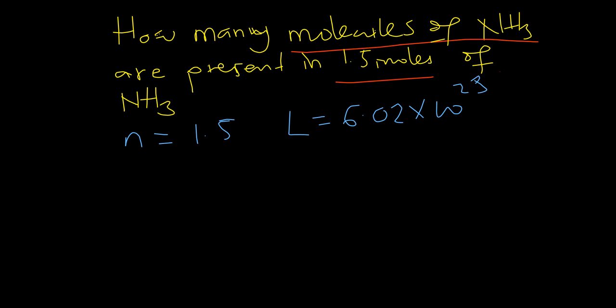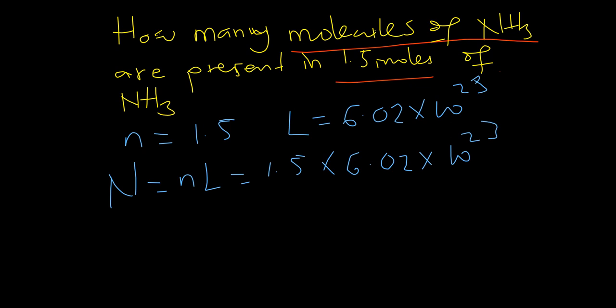It will be capital N equals the number of moles times the Avogadro's constant, which equals 1.5 times 6.02 times 10 exponent 23. When you do the math, that gives you 9.03 times 10 exponent 23. 23 what? Remember, how many molecules? So that will be molecules.